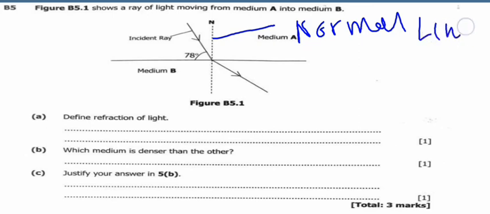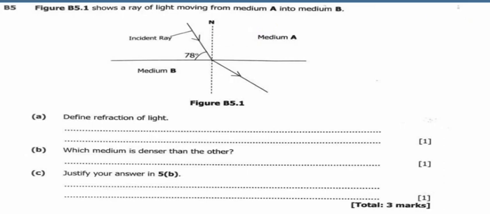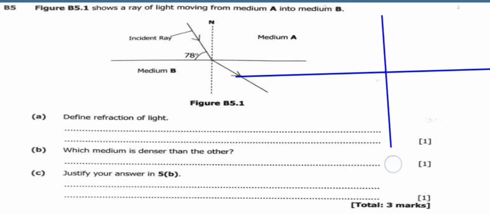Okay, so what usually happens is like this. When you have a surface of water, and this one here is just going to represent a normal line. So suppose this one is a normal line, and on top here, we have air.